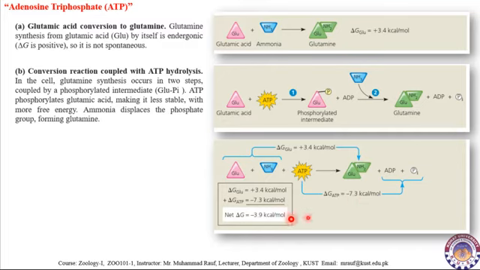So what will be the net delta G? The input of energy was 3.4. The energy supplied by ATP was 7.3. So 3.9 kilocalories of energy was liberated by this process and is available to perform work.